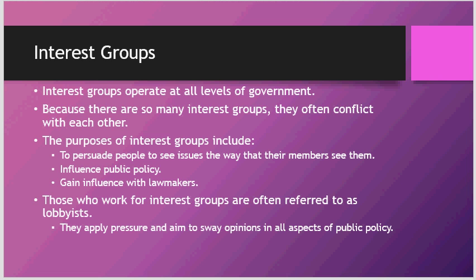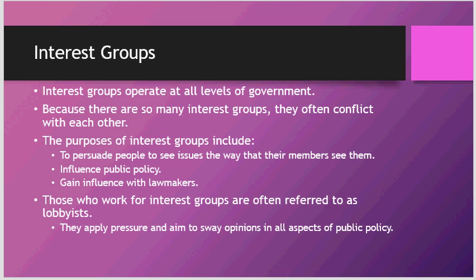Purposes of interest groups include persuading people to see issues the way that their members see them, as well as persuading policymakers to see things the way they see them, vote that way, and influence public policy.